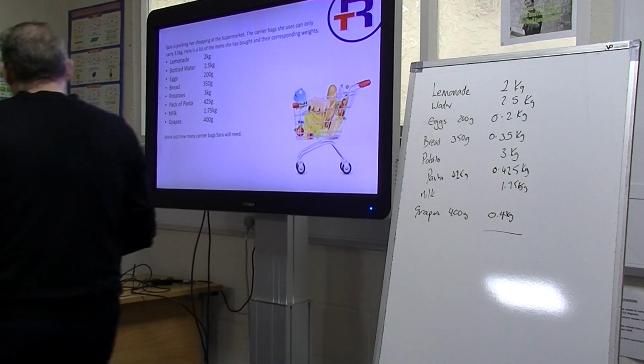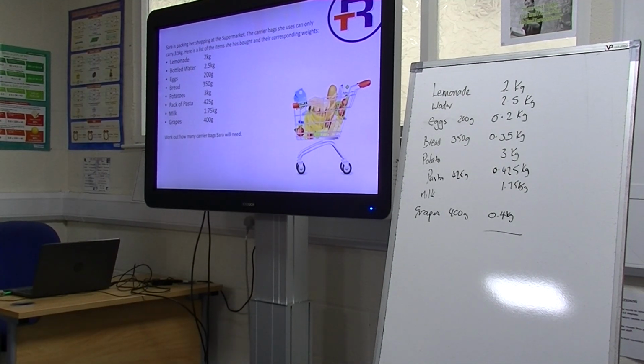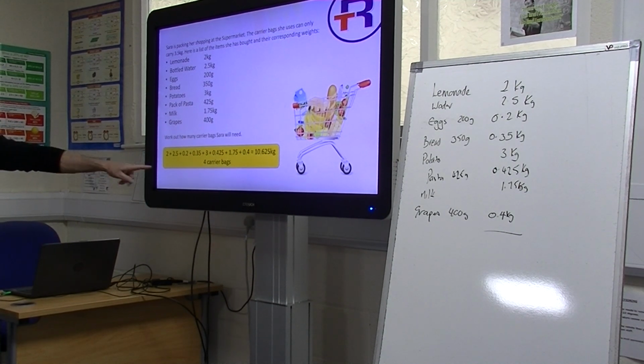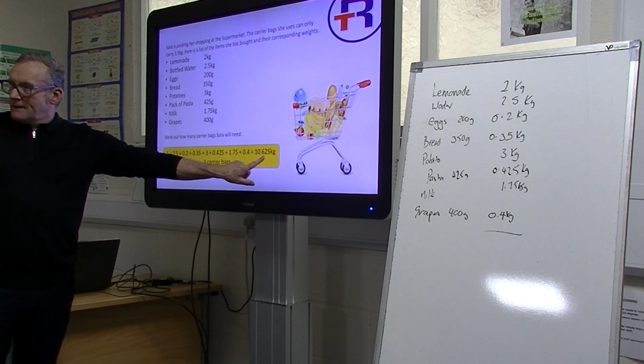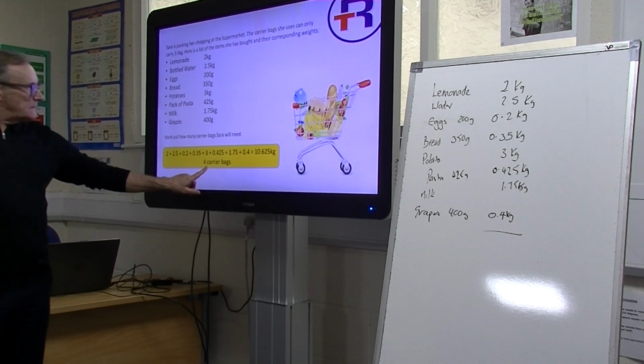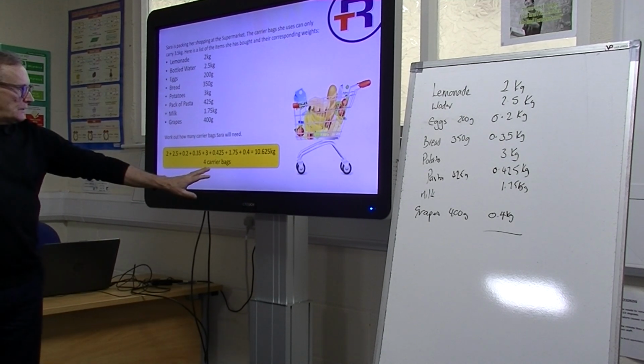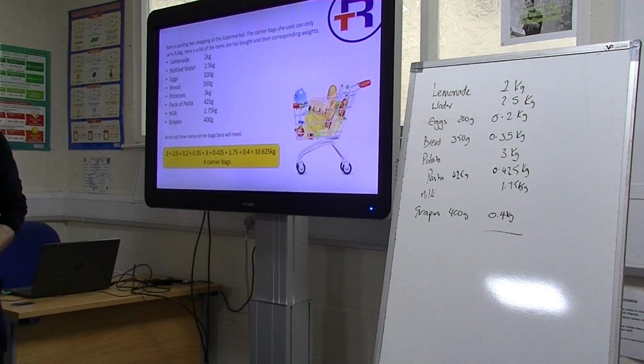So we add all those together and then divide by 3.5 to tell us how many bags we actually need. There it is: 10.625 kilograms divided by 3.5, so she needs 4 carrier bags to carry all that shopping home. Nice and straightforward.